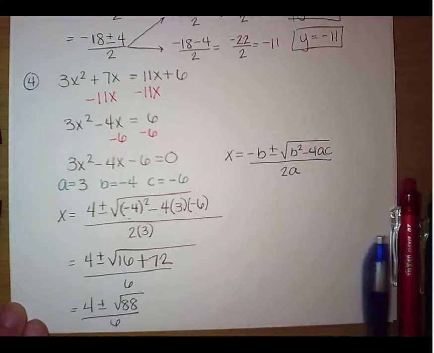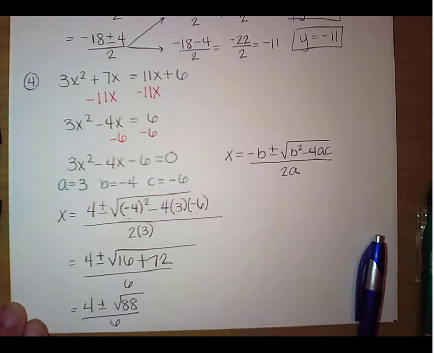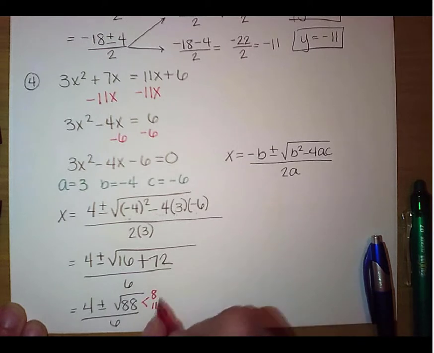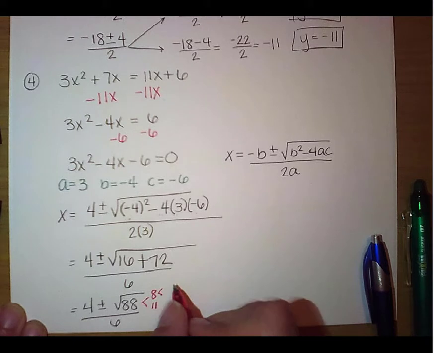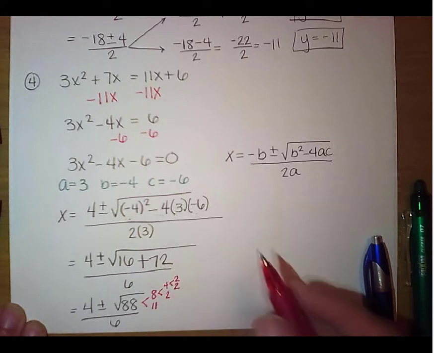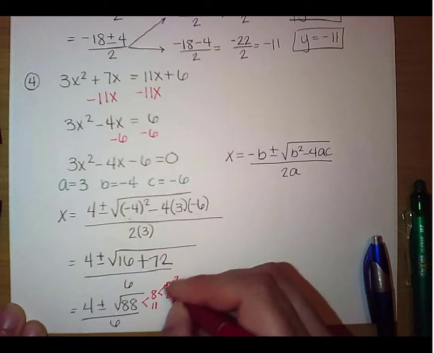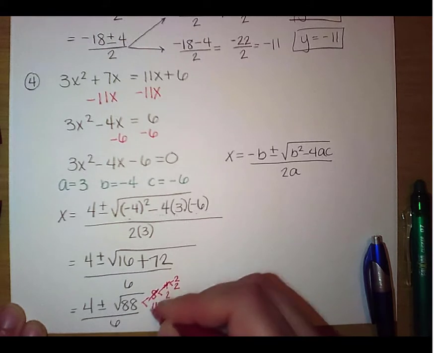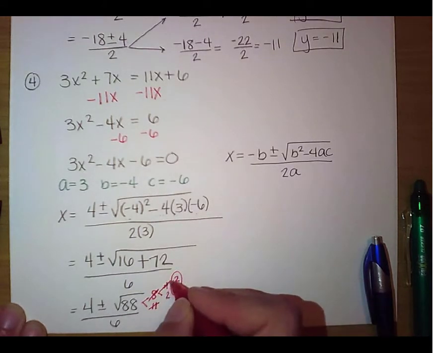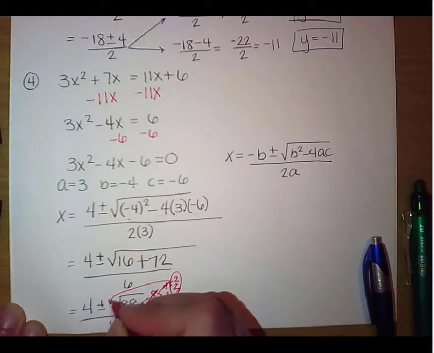So we cannot take the square root of 88, so we do have to break that down. We're going to break it down to 8 and 11. 11 is a prime number, so this is going to break down to 4 and 2. This is going to break down to 2 and 2. Now remember, we're only looking for pairs, and we're going to cross out the 4, the 8, and the 11. So we do in fact have a pair of 2's, so that is going to come out here in front of our square root.